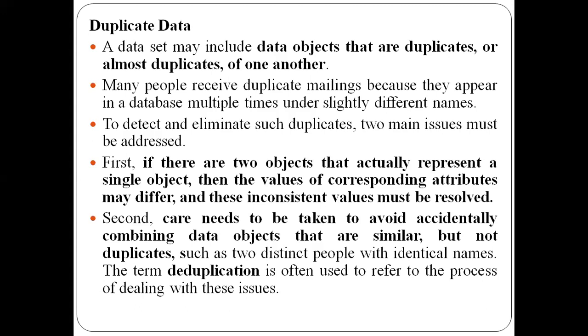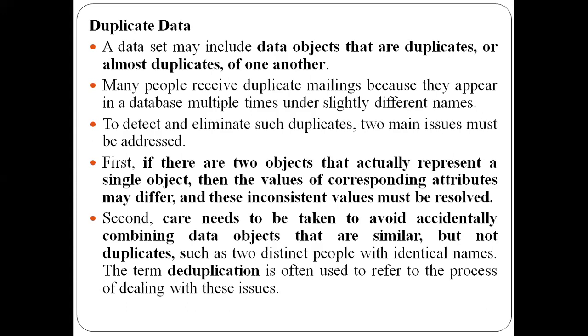Suppose these data objects represent a single data object, then I can combine them with each other. If you have two data objects representing the same data object, you can combine them and form a single data object, or you can eliminate one. But suppose those data objects are representing two different objects, even though they look the same to each other.